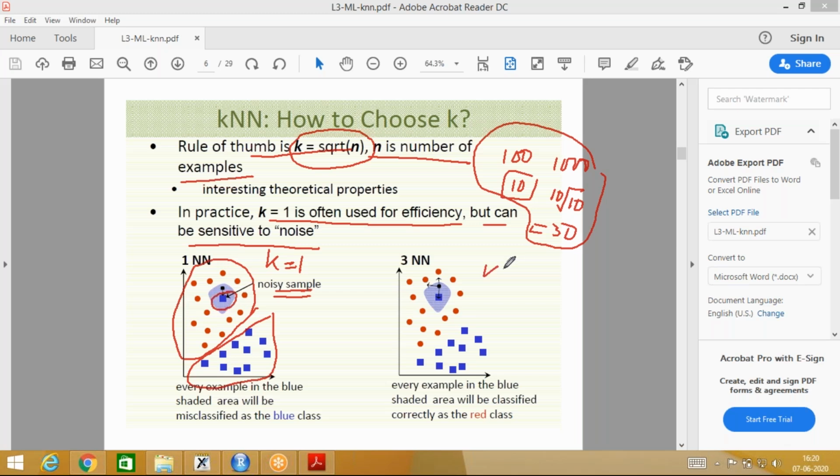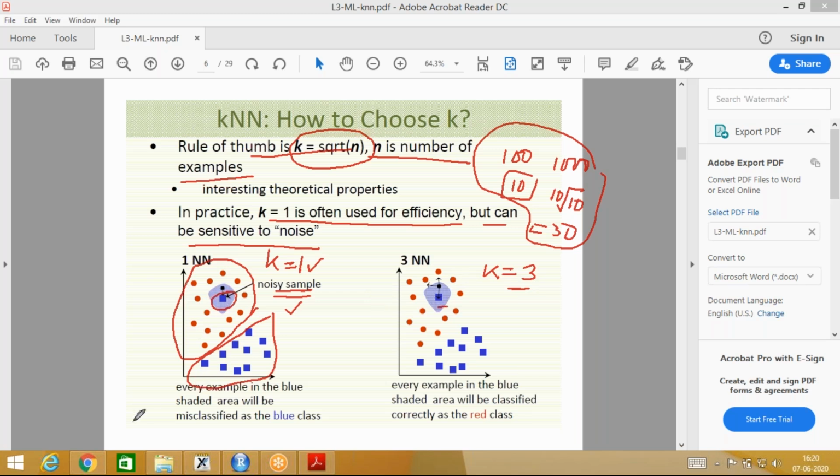But when K is equal to 3, that noisy guy will not create a problem, because in this case you see the black dot will be classified as red, because there are two red dots close by and only one blue box close by. But when K is equal to 1, this will be classified as blue because only one blue box is close by. So the chances of misclassification with a noisy sample go up when K is equal to 1, and go down when K is large.